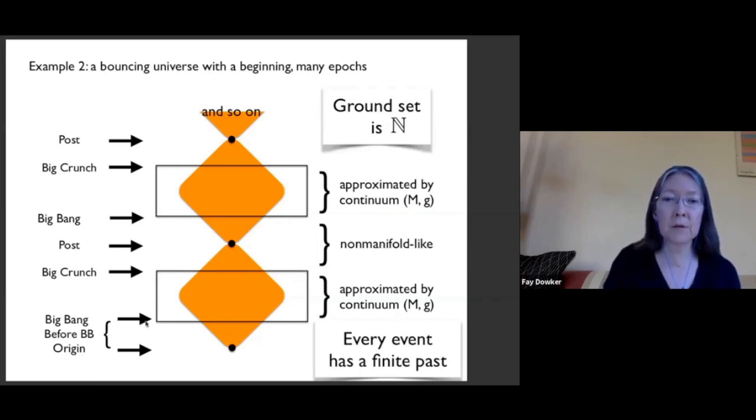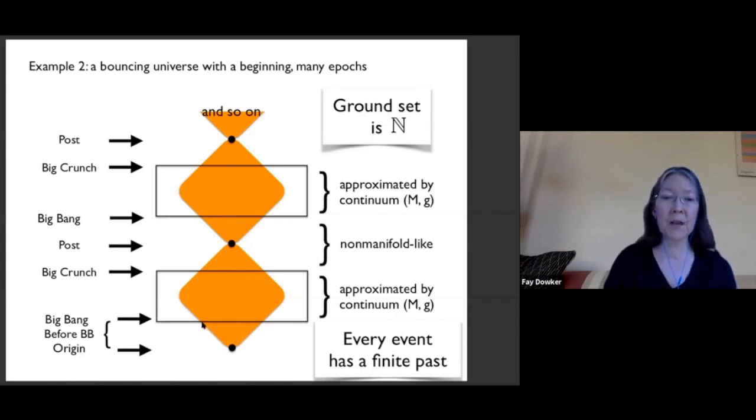Again, this region of the causal set inside this rectangle is a continuum epoch. Let's say it's approximated by some continuum manifold (M, g). And between the origin and the beginning of the continuum epoch, there's again some non-manifold-like causal set stuff going on here.